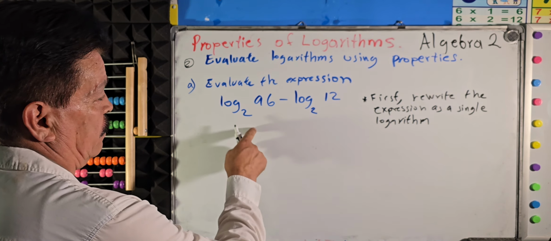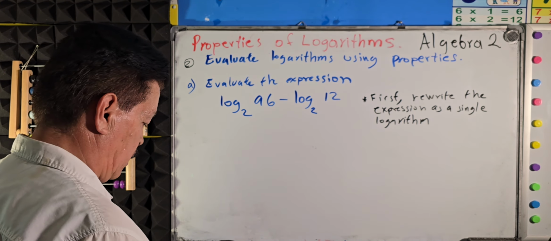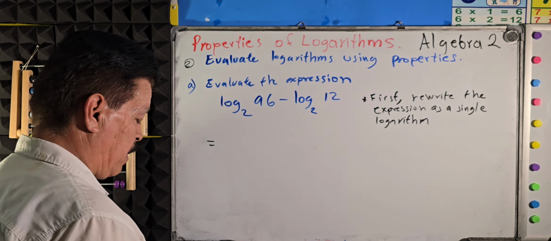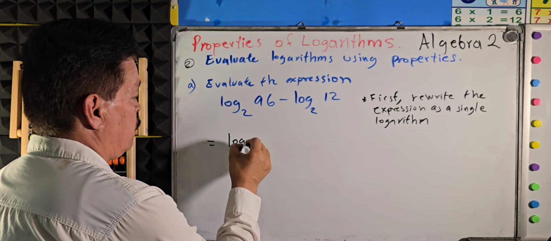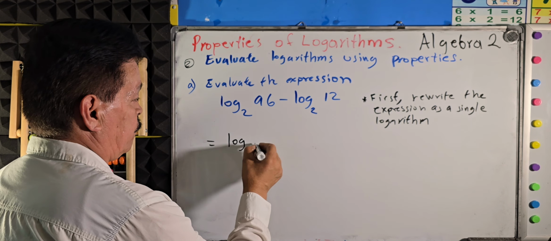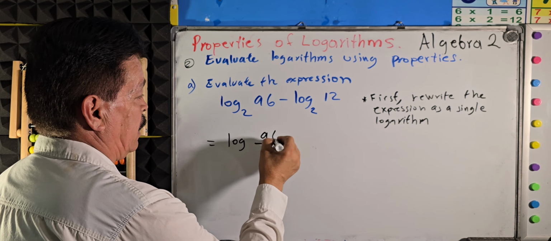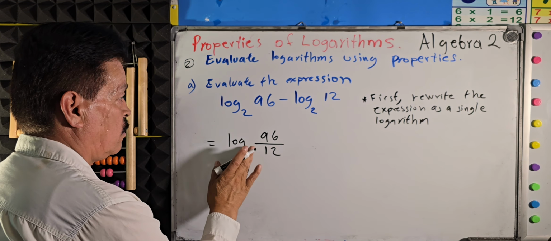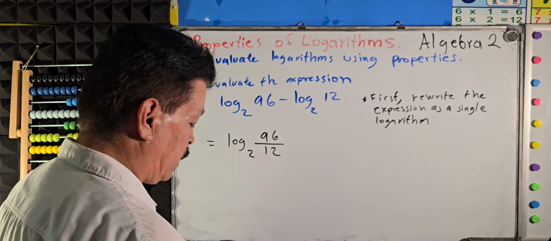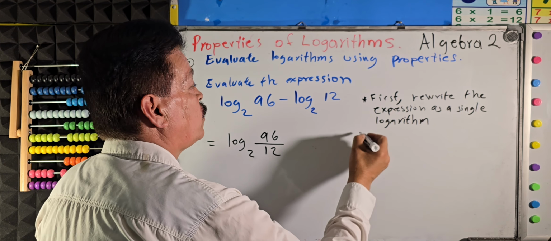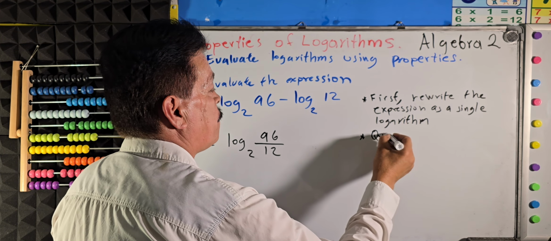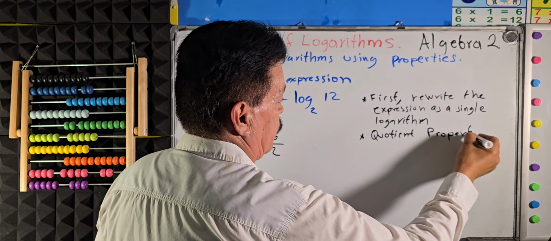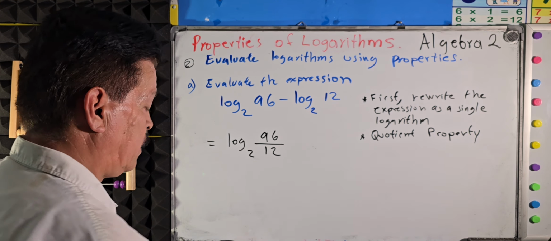So this is the first step. Now this will equal log of 96 divided by 12 with the base 2. So this step is called the quotient property. All right, this step.